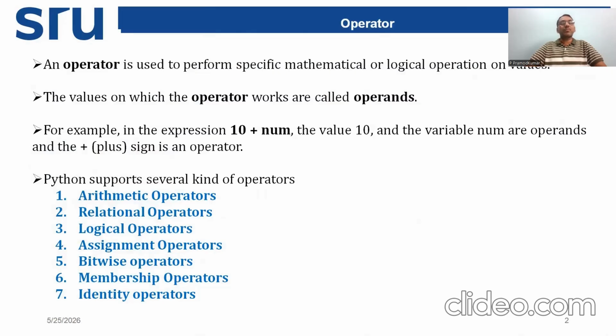Sixth is membership operators. And finally, the seventh is identity operators. Each set of operators has a certain number of symbols, so this classification has been made based on similarity. If you take arithmetic operators, all arithmetic related operators have been grouped into that class. Similarly, relational, logical, until identity operators.